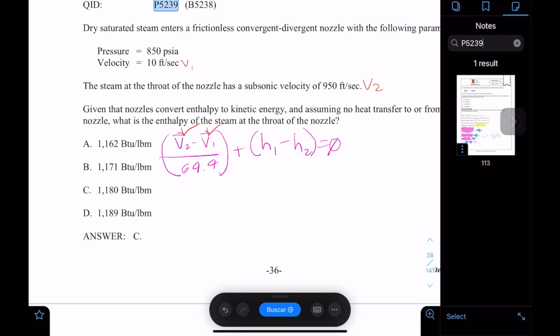If you take a look at the pressure for 850 psia, here you are, 850 psia, and you look at the specific volume here for the steam in this case. It's going to be 1197.8, right? At 850.